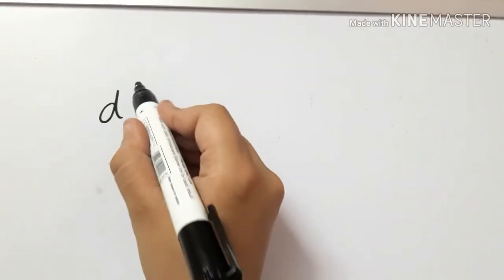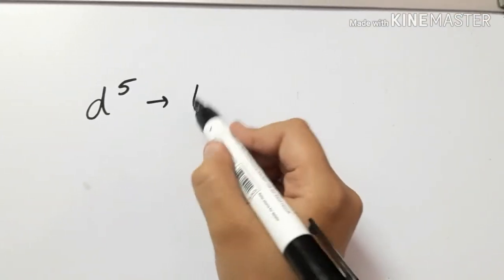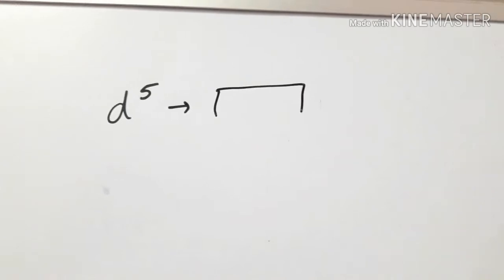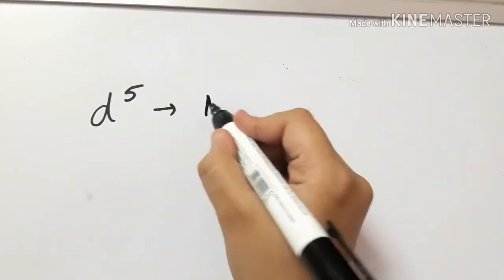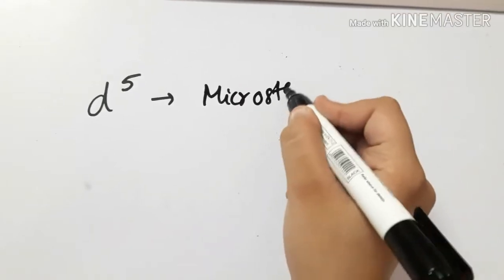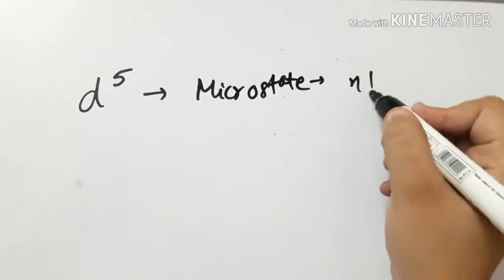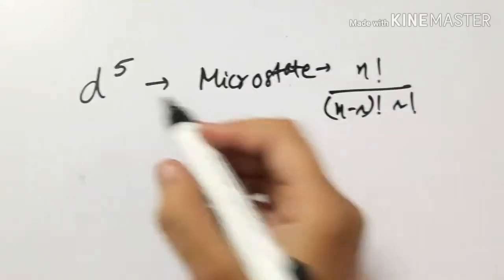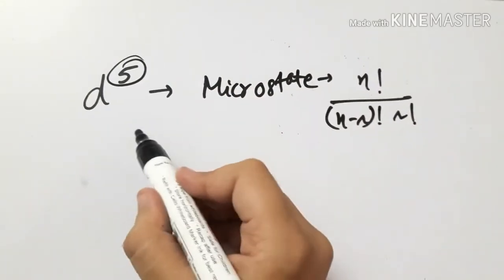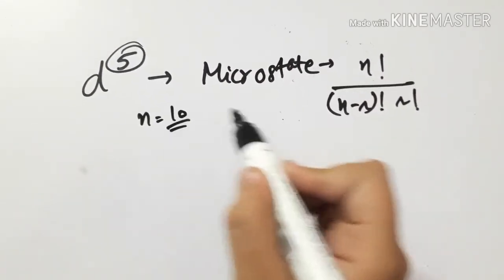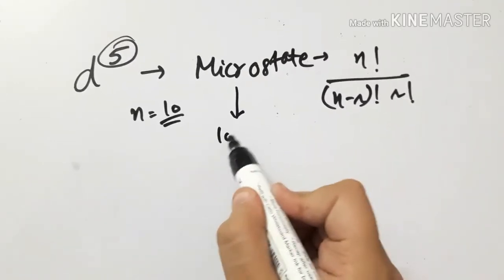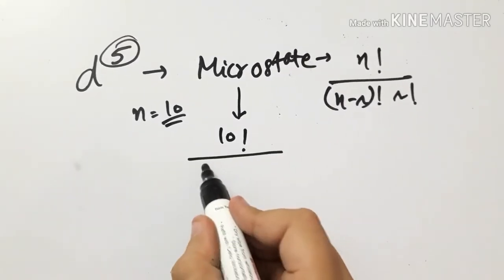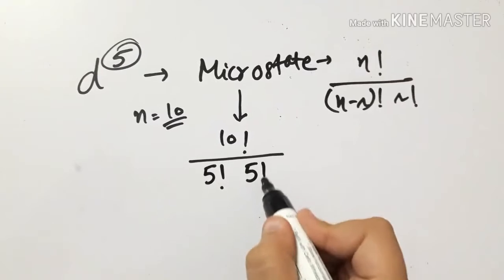Now we will find out the term symbol and microstate for D5. For the microstate, the formula is n factorial upon (n minus r) factorial and r factorial. Here r is 5 and for d, n equals 10. So the microstate is 10 factorial upon (10 minus 5), that is 5 factorial, and 5 factorial.